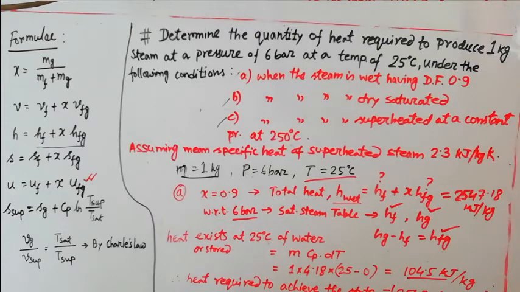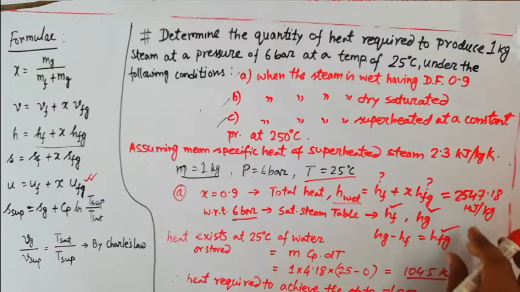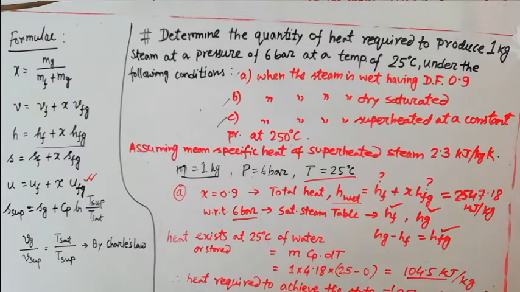What does this mean? This amount of heat you have to additionally supply to reach the state point x equals 0.9, from the 25 degree centigrade water, because at 25 degree centigrade the heat stored in the water is 104.5 kilojoule per kg, and you have to reach up to here. You can ask one question: why are we finding enthalpy only, sir?